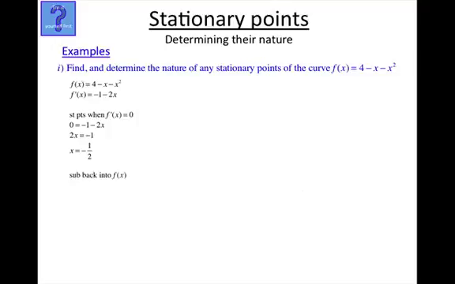Now what we do is we sub it back into our y to get the full coordinate, to get the y value. We sub in negative a half back into our f of x. So we get 4 minus half minus a half squared. Lots of minuses there, and that's why you've got to be very careful subbing it in, and I don't try to do my expansion until the next step.